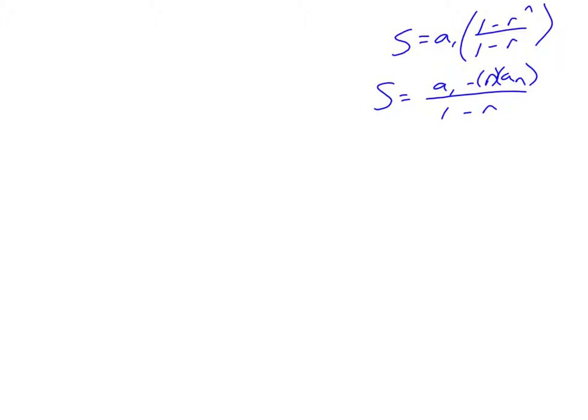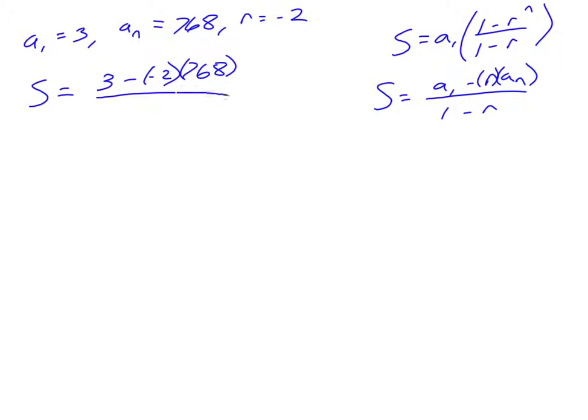This time we have a sub 1 equals 3, a sub n equals 768, r equals -2. We want to find the sum of this series. Second formula, why? Because we're given a sub n. So I want a sub 1, which is 3, minus r times 768, over 1 minus r, so 1 minus -2.